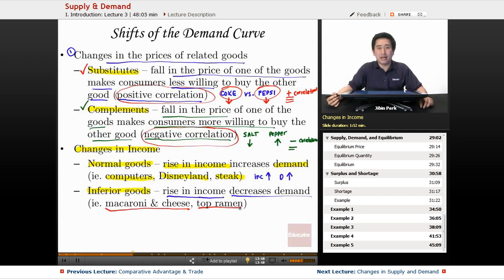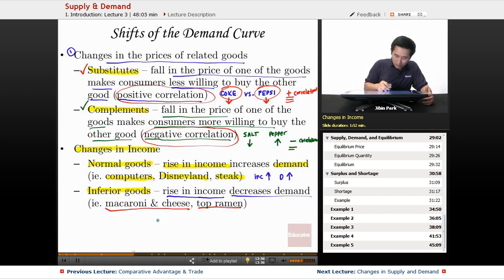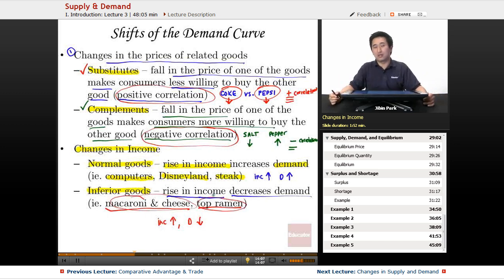But this is the idea that if you win the lottery, then your demand for certain items is actually going to decrease. And that's basically what inferior goods are. So if your income increases, then the demand will actually go down for things like macaroni and cheese, top ramen, maybe certain types of used cars.